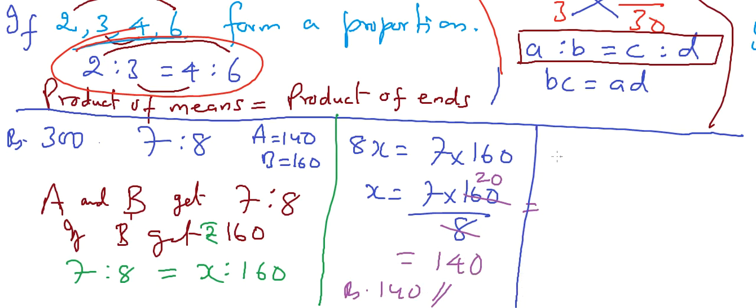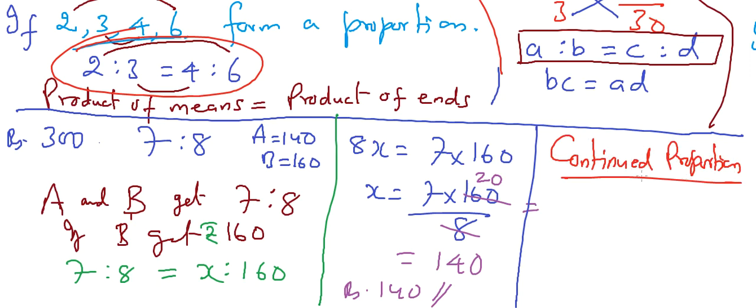Okay, now there is something called continued proportion. In proportion, four different terms are involved.